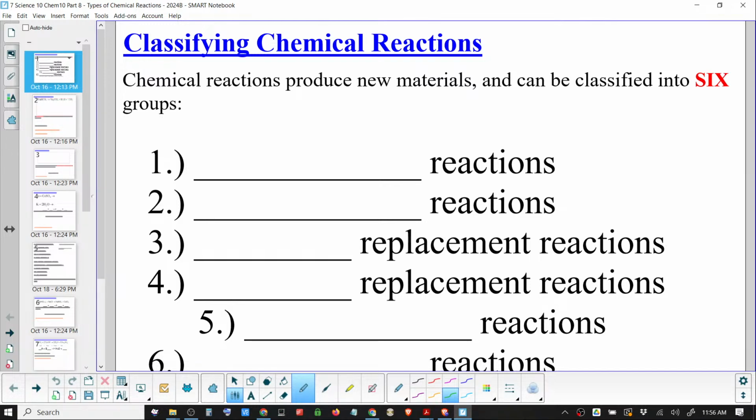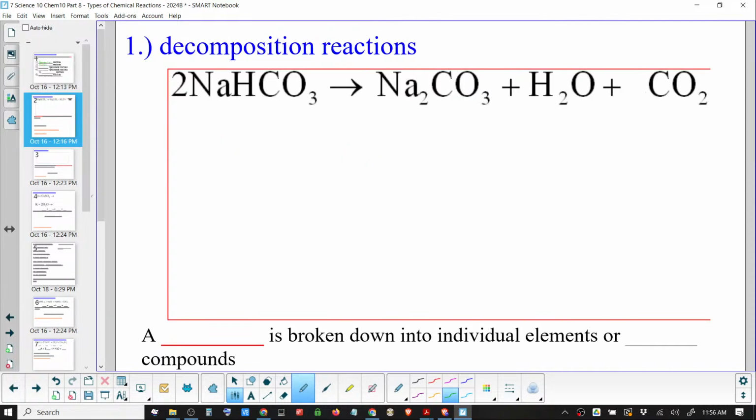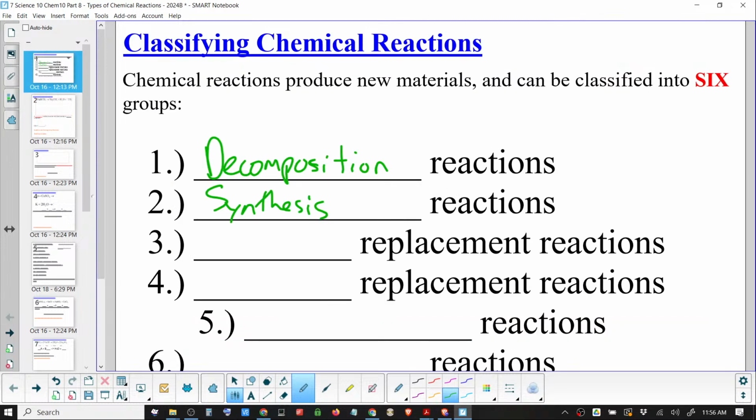The first type is decomposition. Where stuff breaks down. There is synthesis. I should double check I'm doing this in the same order. Yep. We're going to look at 2 that kind of look similar.